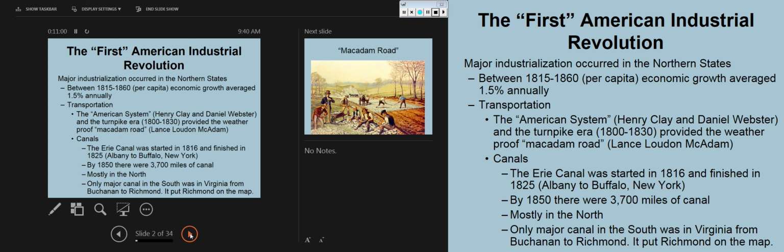So what I want to point out is that the industrial development of the north and the agricultural growth of the south are interwoven during this industrial revolution.